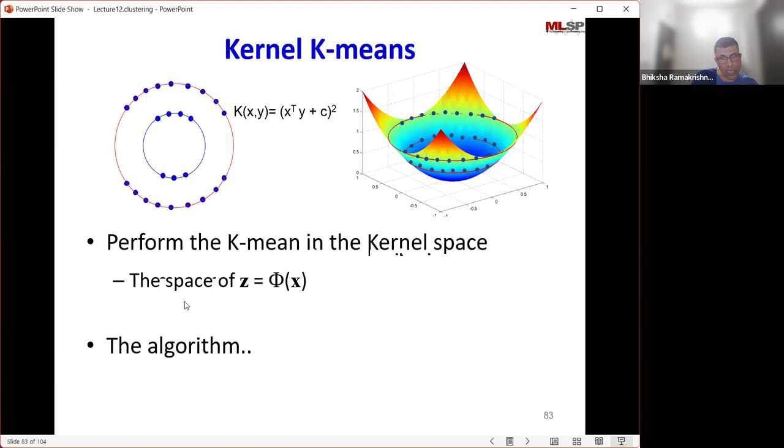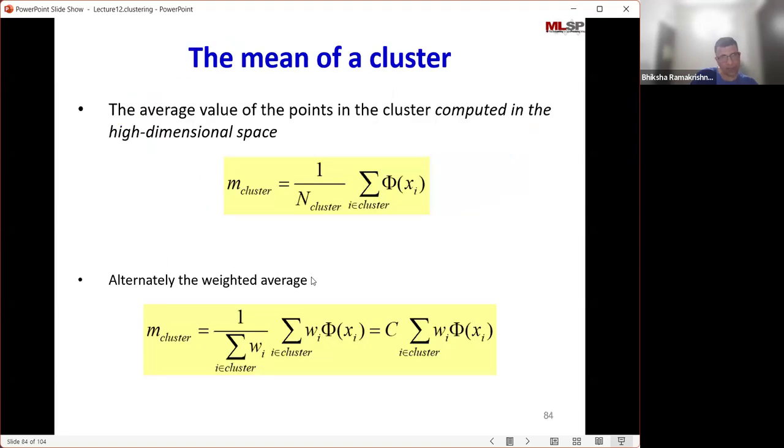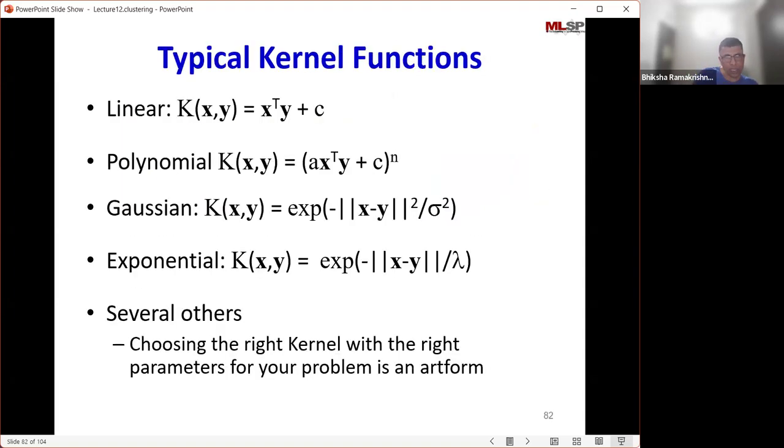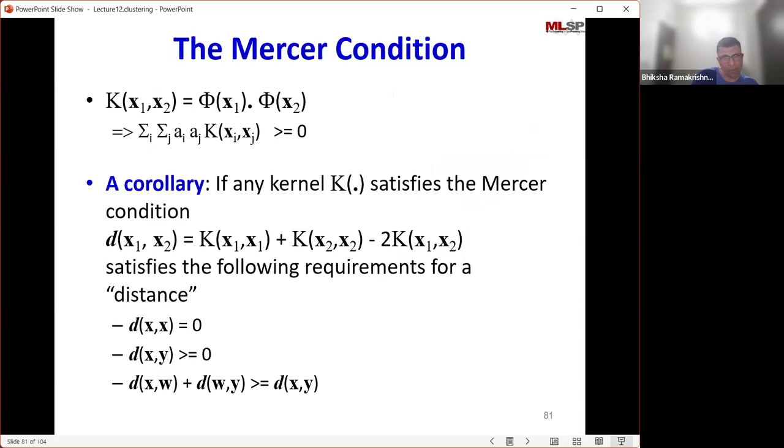So let's see how we can perform the k-means algorithm in this high dimensional space, the space of phi x. Here's the algorithm. There's one problem. If you're using kernel functions, you don't actually know what the high dimensional space is. So you don't work in the high dimensional space. You're always working in the low dimensional space, and you're computing distances using this formula, which is computed directly from the kernels.